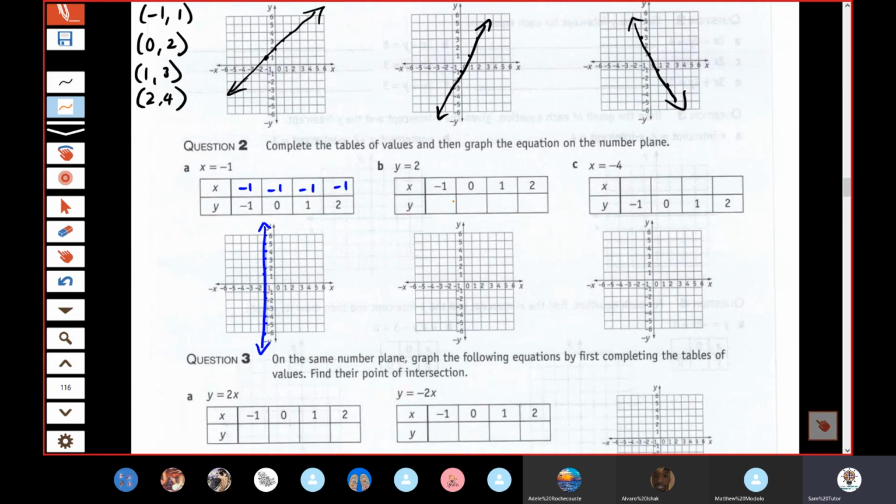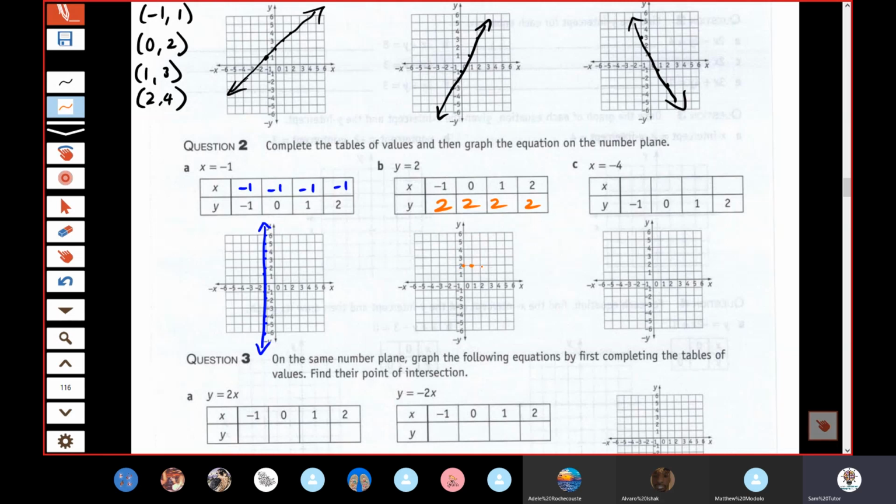What is the y value always equal to here? If it's y equals 2, well, isn't it just always going to be 2? Because it doesn't say 2x, so it's not changing with x. The y value is always just 2. And how would that look?